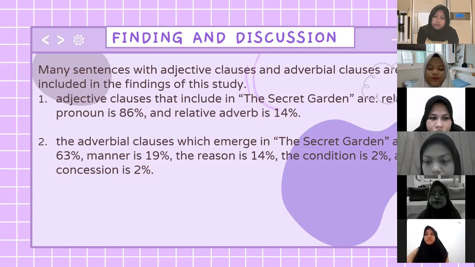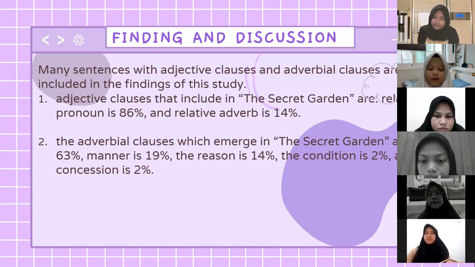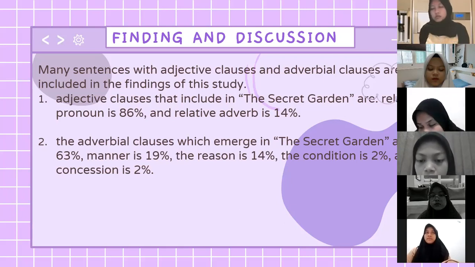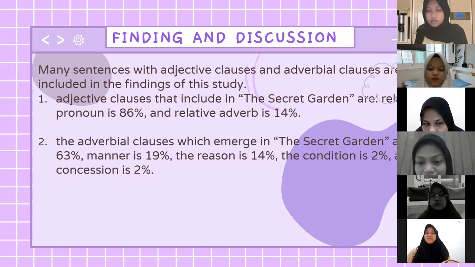And the second is the adverbial clause in The Secret Garden. The writer concludes that the adverbial clauses which emerge are: time 63%, manner 19%, reason 14%, condition 2%, and concession 2%.